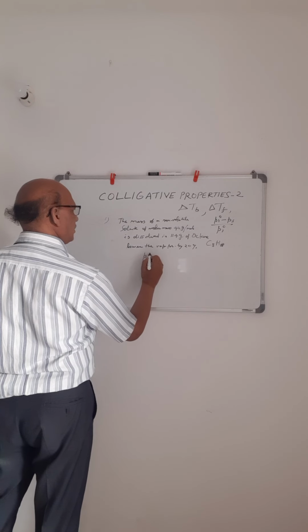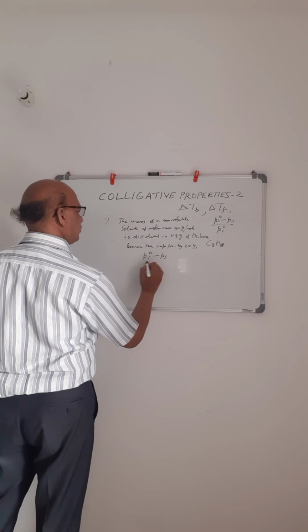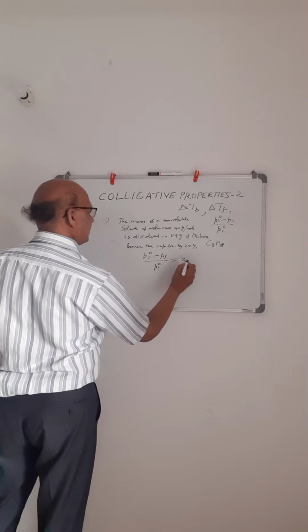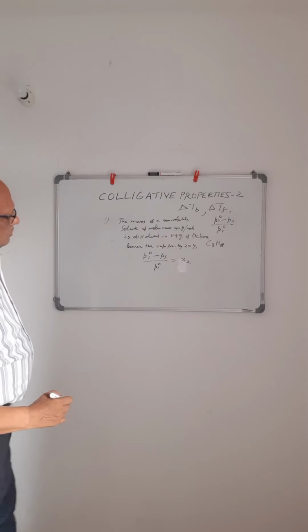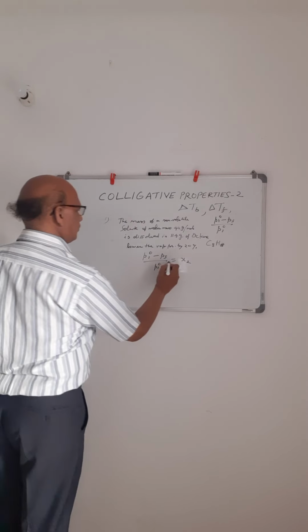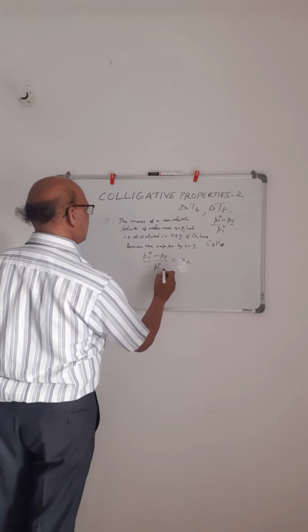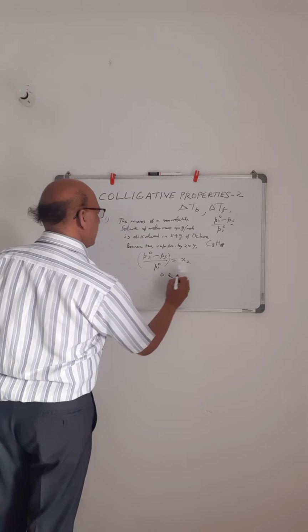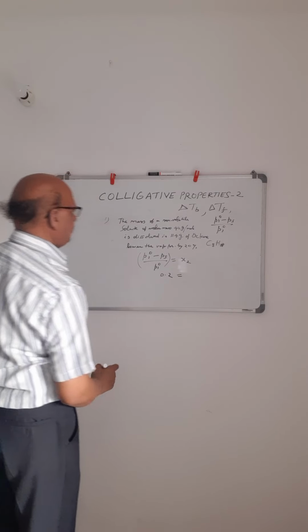So what is the formula? P1 naught minus P of solution upon P1 naught is equal to X2, that is nothing but the mole fraction of the solute. Okay, now this is given to us as 20%, that means this value is 0.2, equal to X2. What is X2?